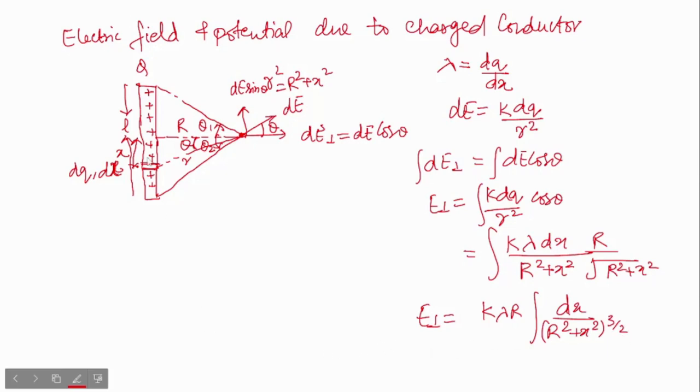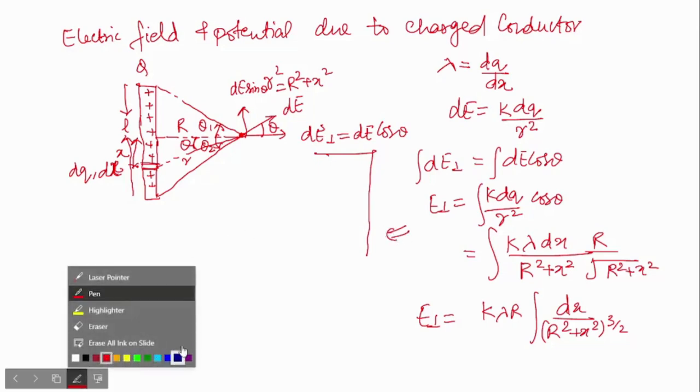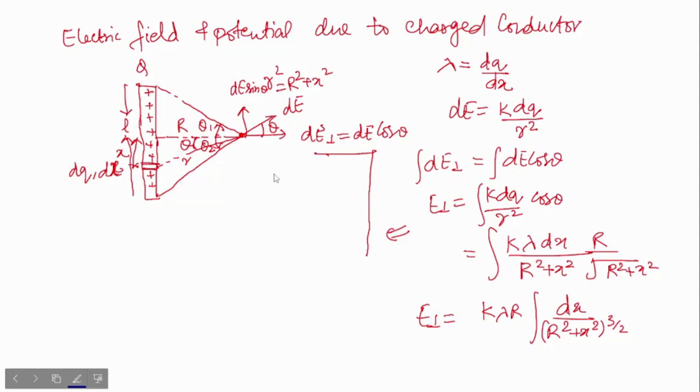Now from this triangle we have another relation: x is equal to R tan theta, and we are going to use this equation.